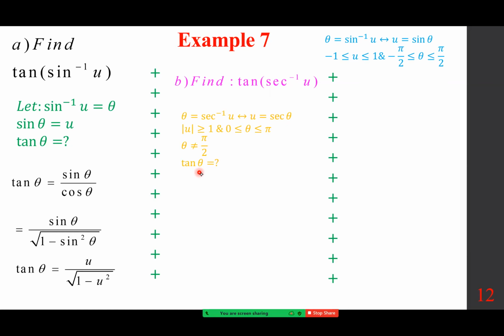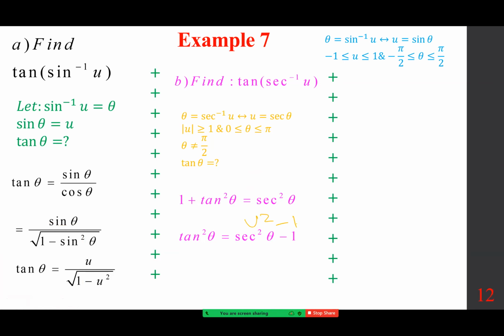And we have this Pythagorean identity of 1 plus tan squared equals secant squared. And that means tan squared is secant squared minus 1. Replace the secant with u. You get u squared minus 1.